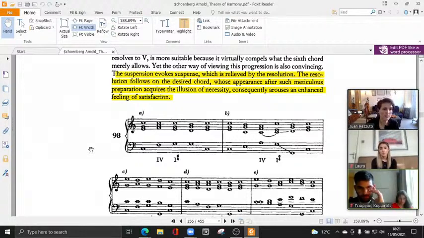Because the illusion of necessity, we made it, the composer. You create the illusion of the necessity of the resolution, which arouses an enhanced feeling of satisfaction in the resolution.